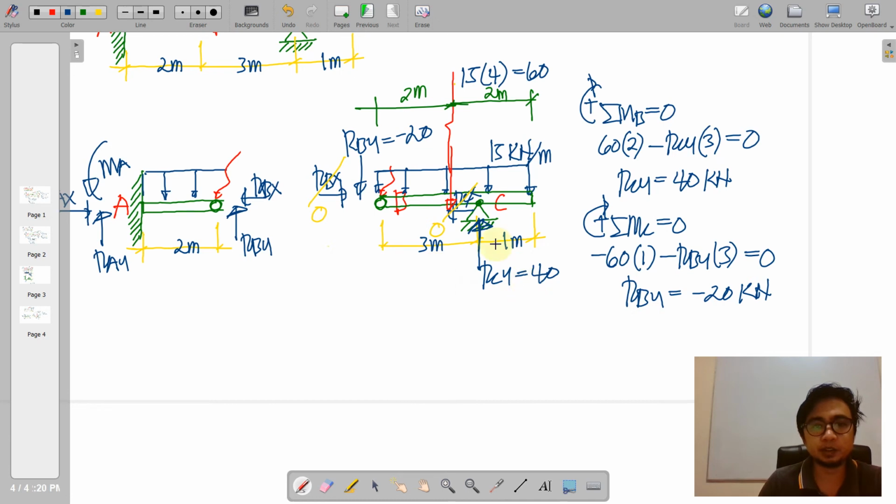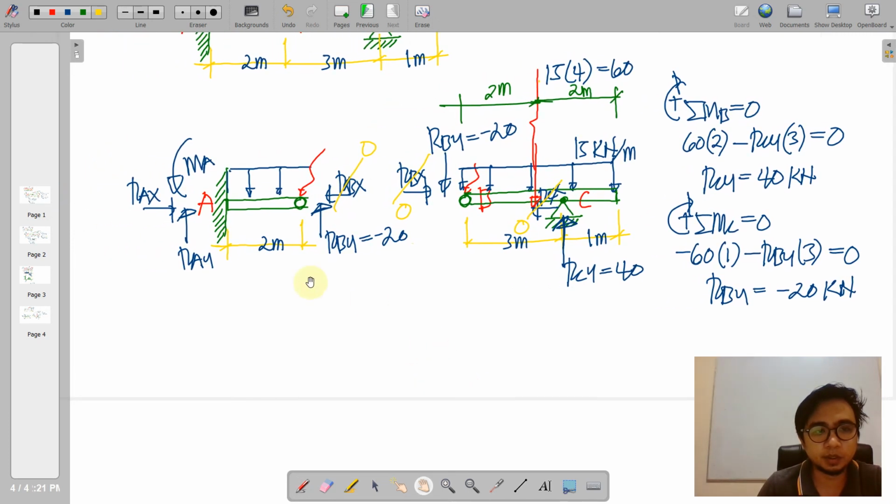So we place our values, transfer it to the left portion of the beam. So this is also negative 20. This as well as 0 value, together with RAX. Okay, so we are going to determine our MA and RAY.